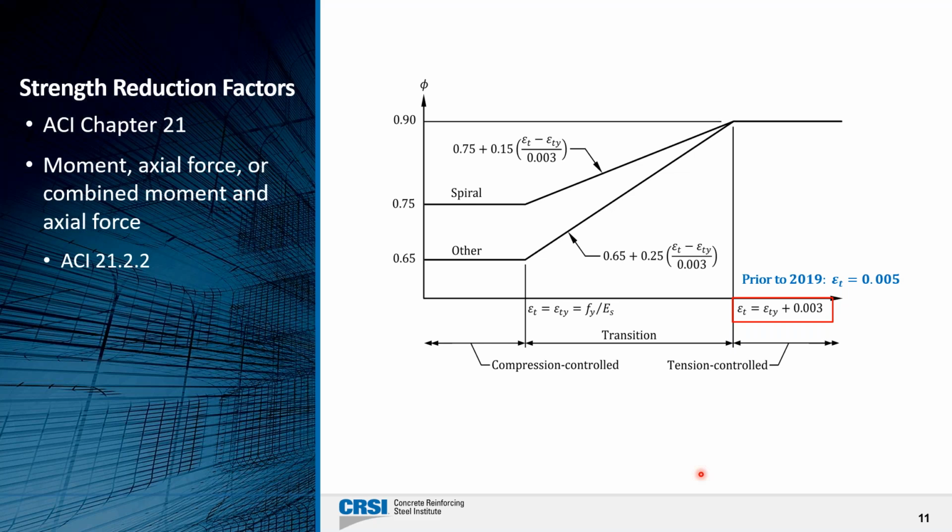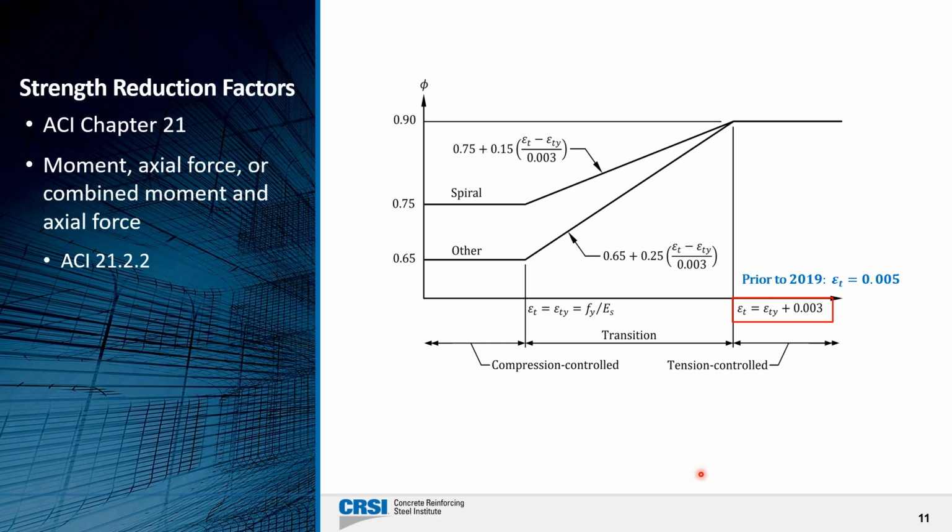Okay, where did that come from? It's the strain in the concrete, which is 0.003, plus f sub y divided by E sub s, the yield strength divided by the modulus of elasticity of the steel. And if you do that for grade 60, it works out to be about 0.002. So that's where the 0.005 came from.